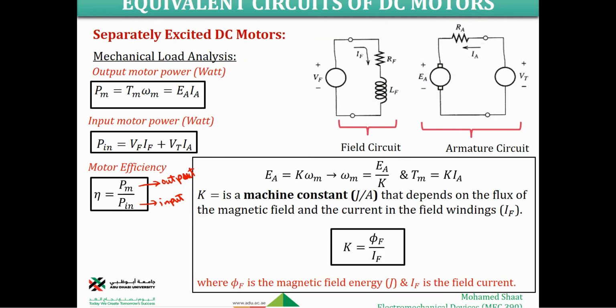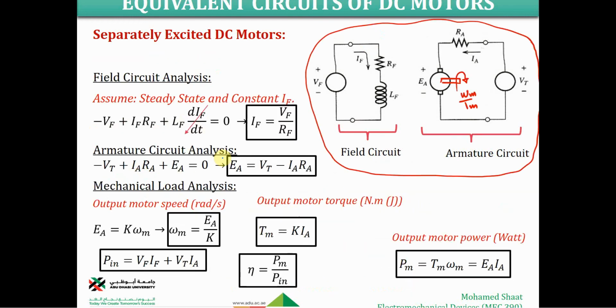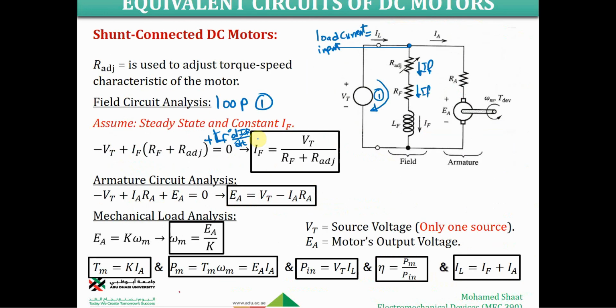And something that you should understand: even in the separately excited configuration, we could add R adjusting here if we wish. So IF in this equation will be RF plus R adjusting if we decided to add it, even over the separately excited DC motor. It means that this R is not necessarily just within the shunt connected DC motor.